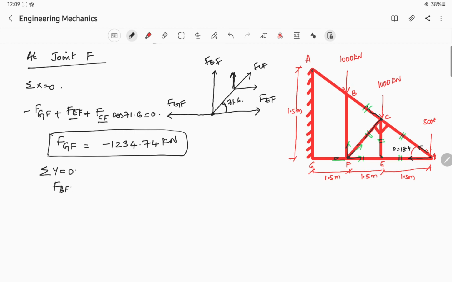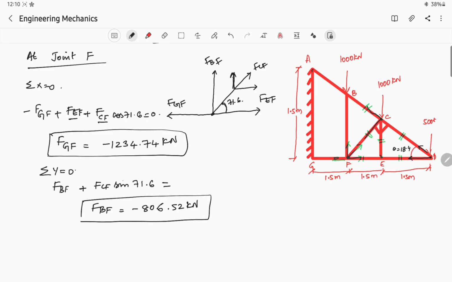Then we have another force plus FCF sine 71.6 is equal to 0. So force in member BF will be equal to minus 806.52 kilonewton. We got the value of force in member BF.